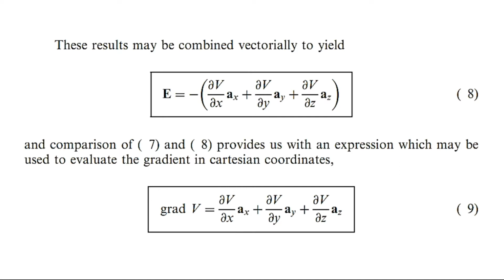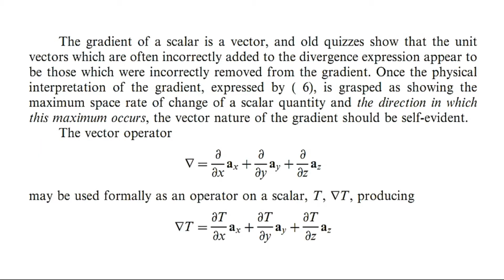So if we apply a gradient over a scalar field, the result will be a vector quantity. If we take the negative gradient of electric potential, it will result in the electric field intensity, because the gradient represents the maximum change in V, and the maximum change in V results in the electric field intensity.